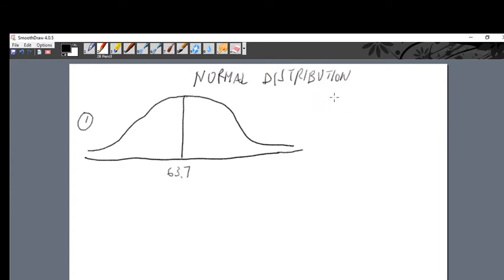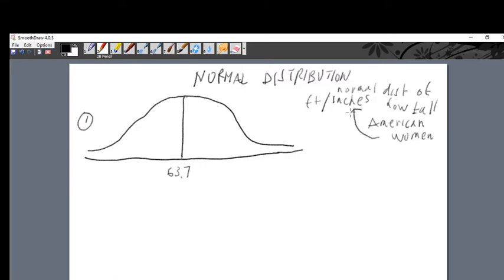Just bear with me. Here's what the example is about. It's about the normal distribution of how tall American women are, in inches.